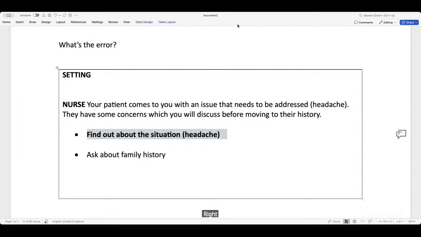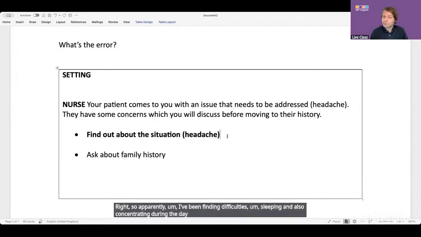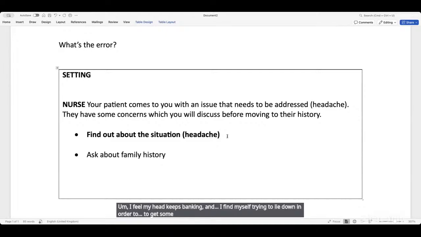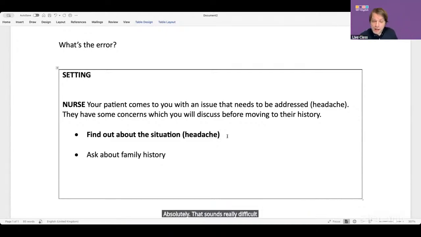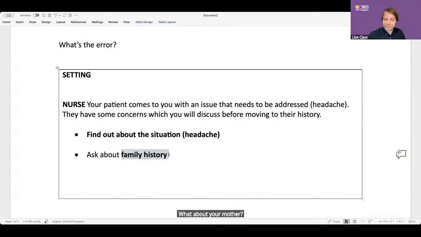Apparently, I've been finding difficulties sleeping and also concentrating during the day. I feel my head keeps banging and I find myself trying to lie down in order to get some quiet space. Absolutely. That sounds really difficult. I see. Did your father have headaches? Say it again? Did your father have headaches? Yes, he does sometimes. What about your mother? Yes, she does as well.